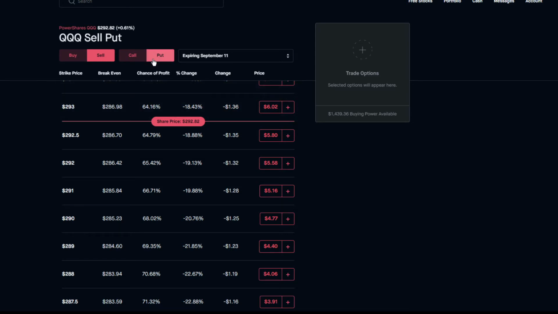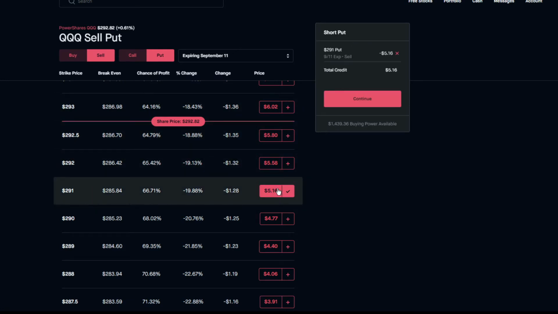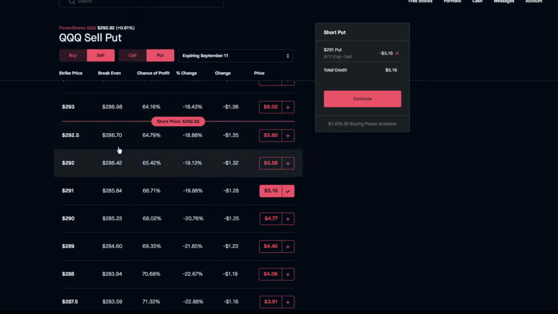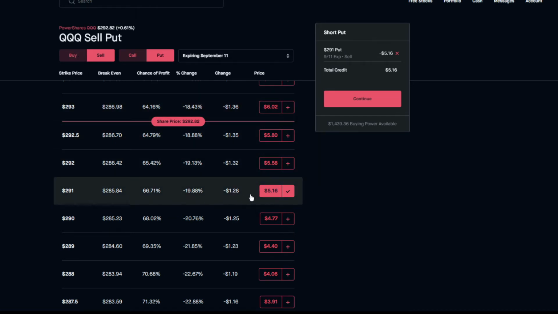Now, when you're selling a put, you're getting a credit, right? But what this means is, if by any chance the share price goes below your strike price, the 291, then on the expiration date you're gonna be forced to execute this, which means you're gonna be forced to buy triple Q at a 291 strike price.